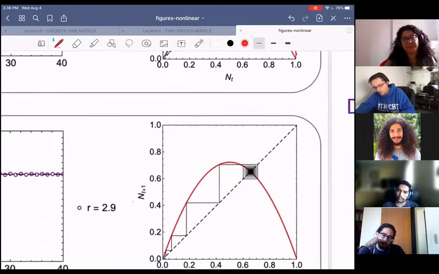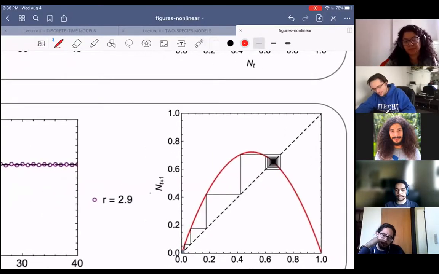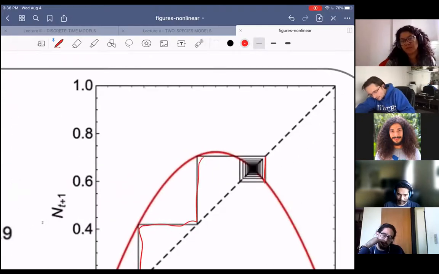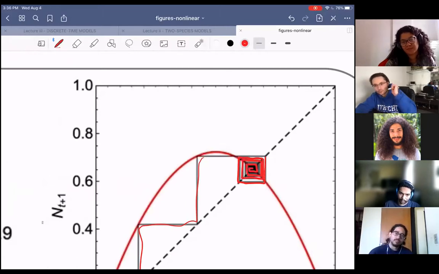If you repeat the cobweb analysis, you will see that you will do these stairs, and then eventually you will get into these spirals that will basically end up hitting the fixed point.